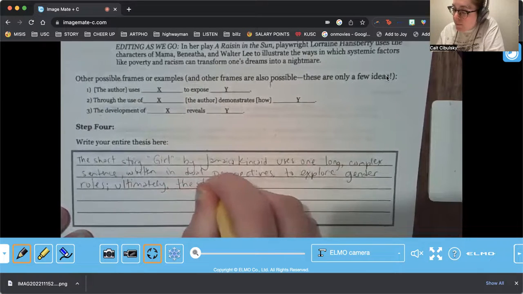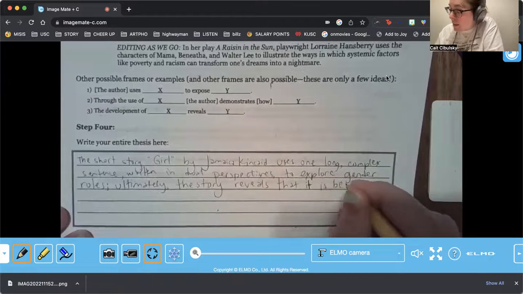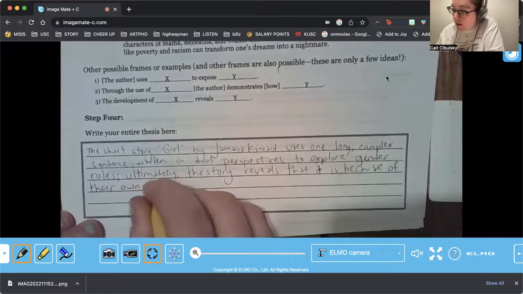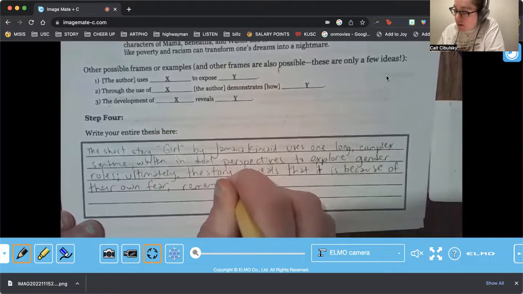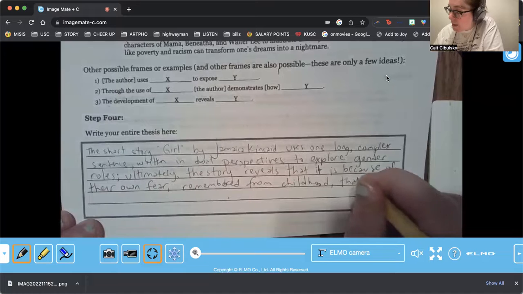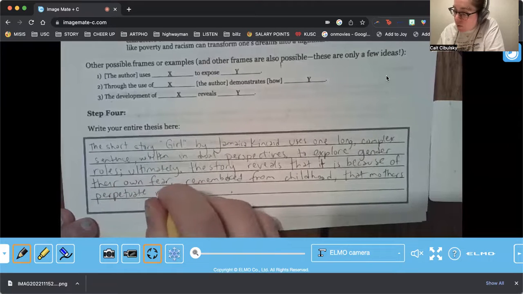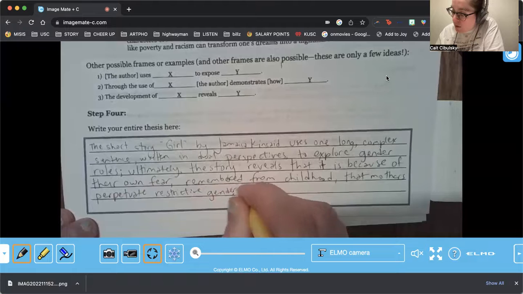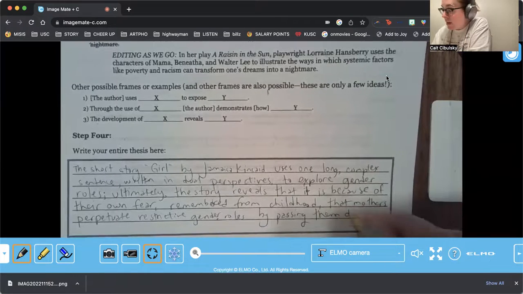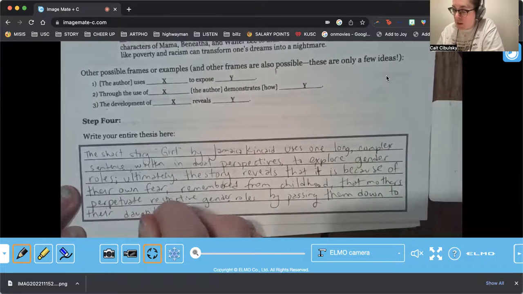Ultimately, the story reveals that it is because of their own fear remembered from childhood that mothers perpetuate restrictive gender roles by passing them down to their daughters. Boom, I've got a thesis.